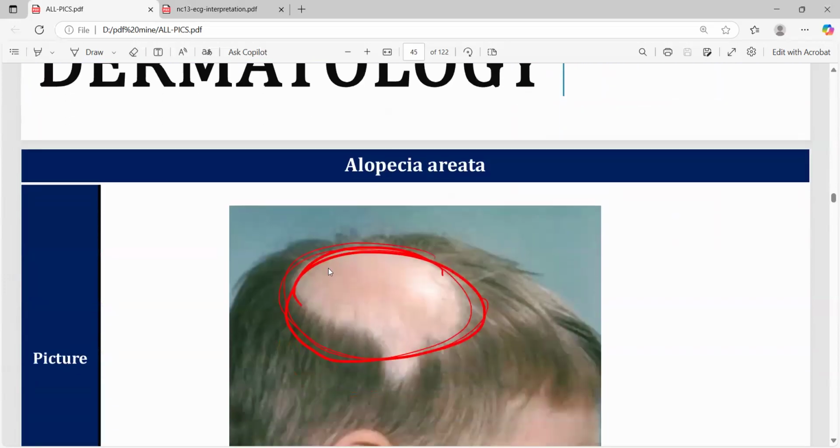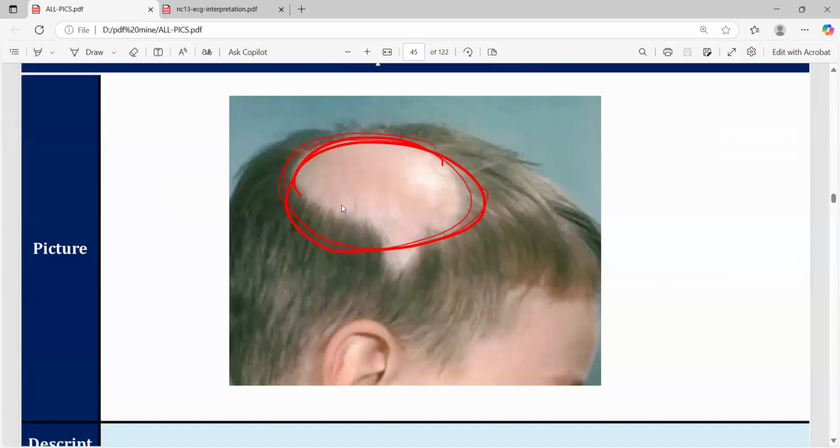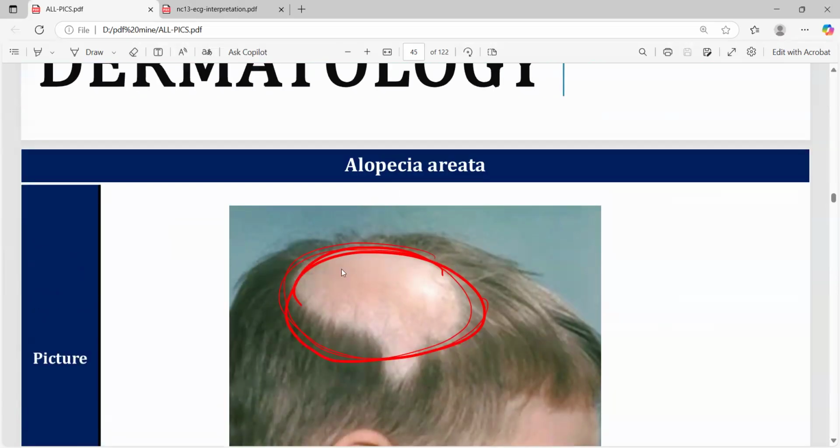Now comes the dermatology. So this is alopecia areata because the head is shiny and the patch comes in a circular pattern. It could be confused with trichotillomania or with tinea. So this is basically alopecia areata because it is shiny.